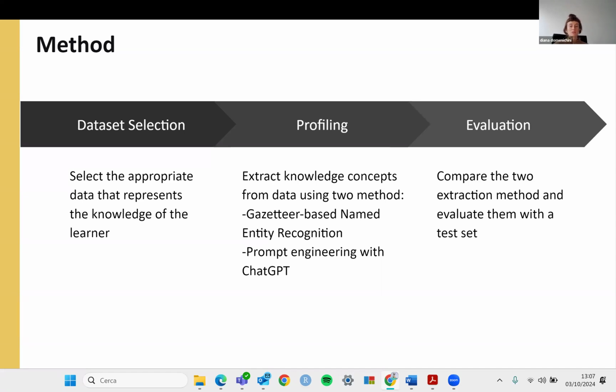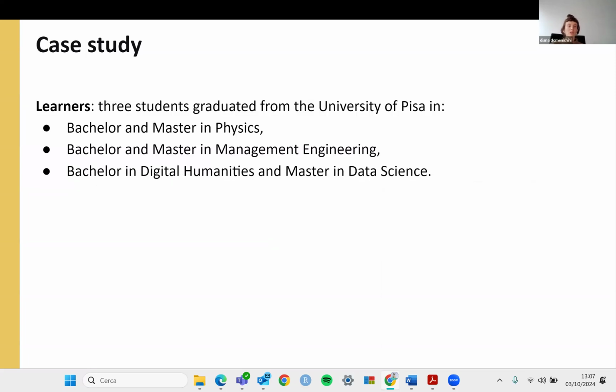We will see two methods: a simpler one, which is the gazetteer-based named entity recognition, and a more advanced one using large language models, in particular prompt engineering with ChatGPT. The final part is the evaluation of these two methods by comparing them and evaluating them with a test set.